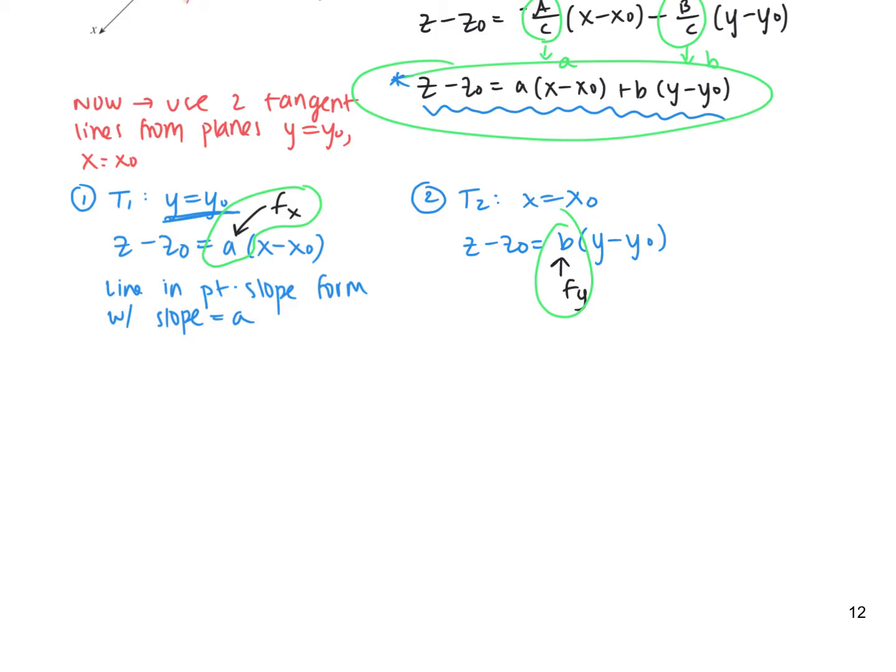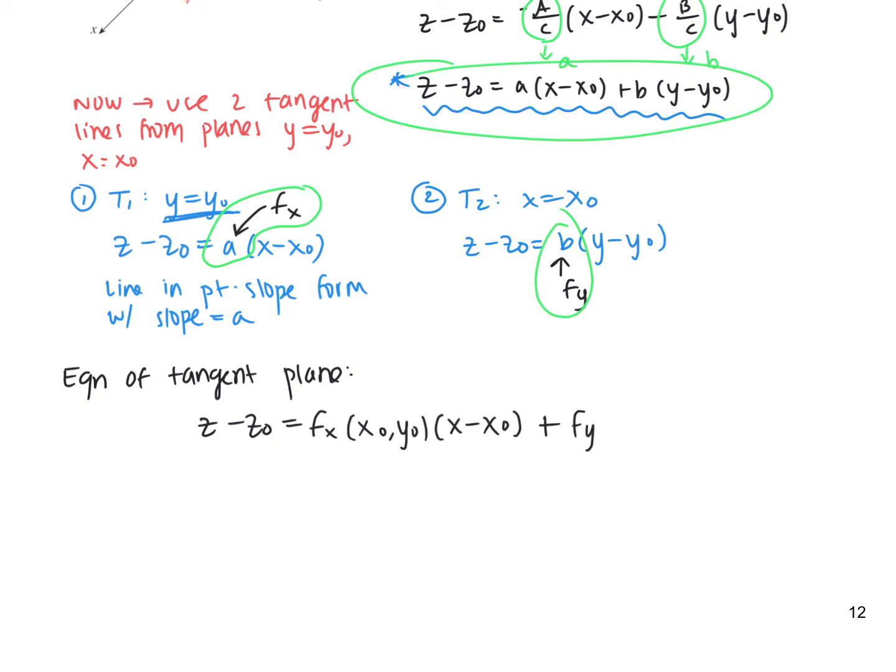So the equation of the tangent plane is the following. z minus z naught is equal to the partial derivative with respect to x at the point x naught, y naught, times x minus x naught, plus the partial derivative with respect to y at the point x naught, y naught, times y minus y naught. So that is our equation of our plane.